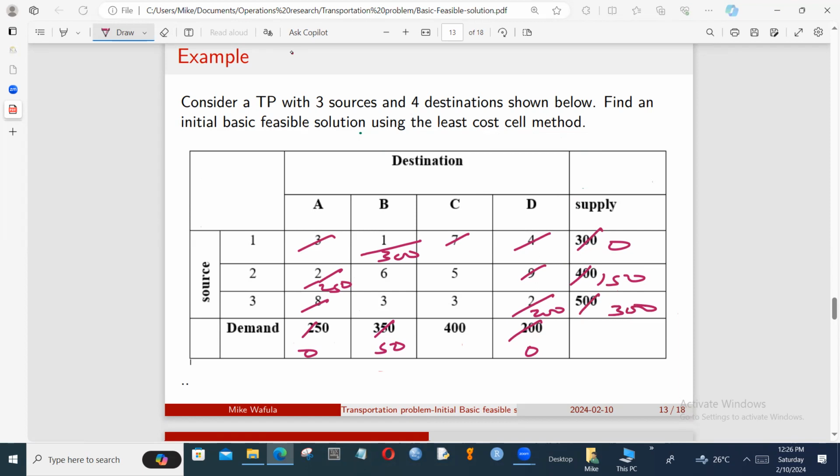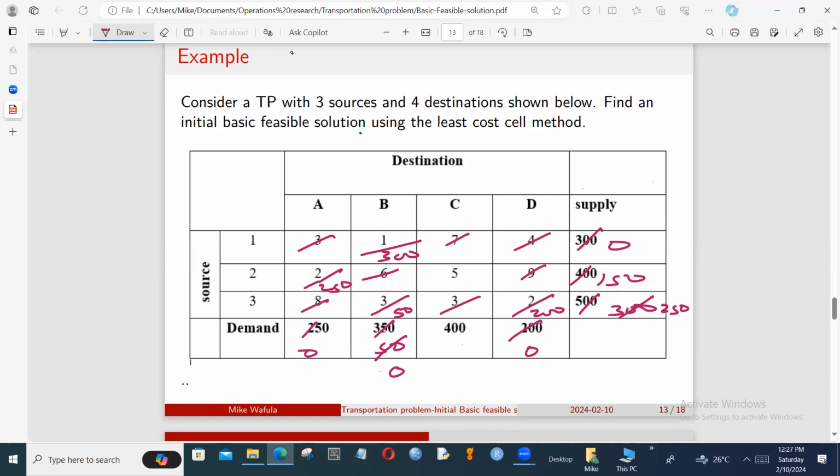Now, suppose I begin with this 3, because I think the other time I began with the other 3. So let me begin with this 3. I'll be assigning here 50, so that I'm able to meet the demand of destination B. Therefore, I'm not assigning anything here. But this one will be remaining 250 now.